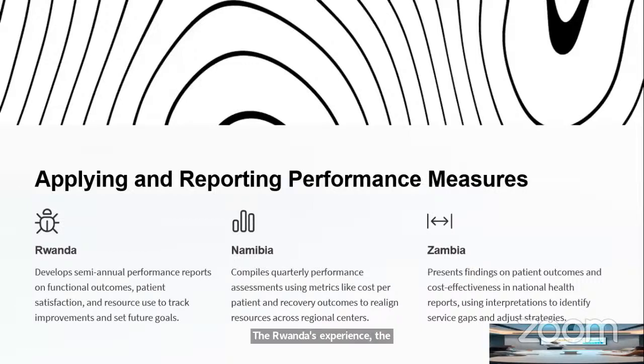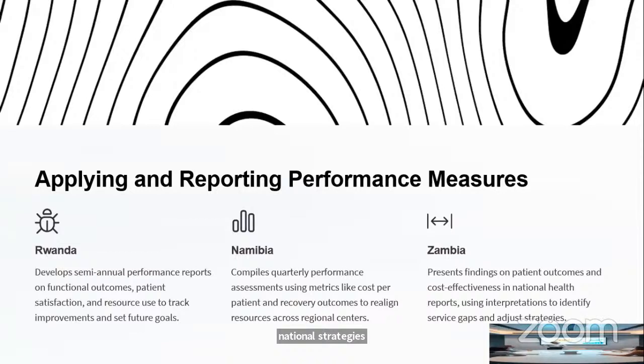For instance, in Zambia, they usually present findings on patient outcomes and cost effectiveness in their national health reports, right? You remember this is the reporting aspect. How do they do it? They use interpretations that identify service gaps and adjust national strategies on these particular areas that they have worked on.